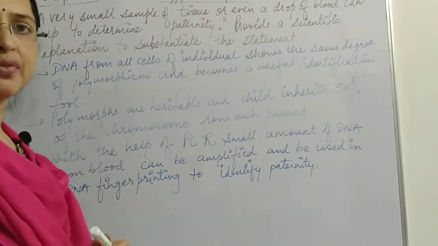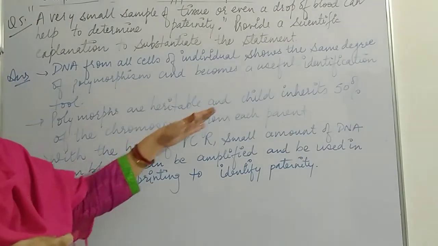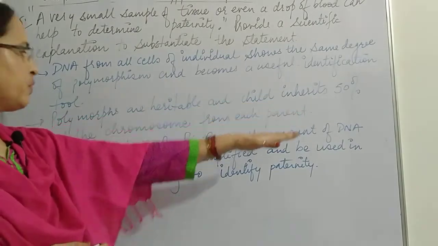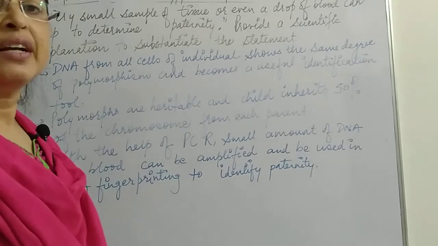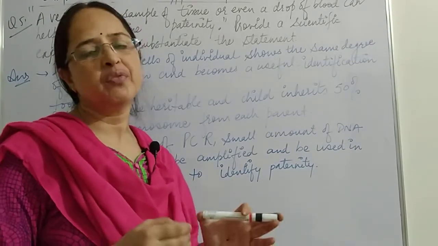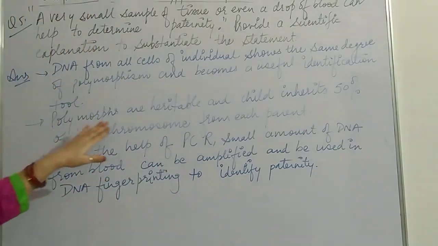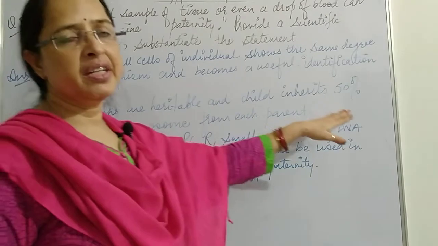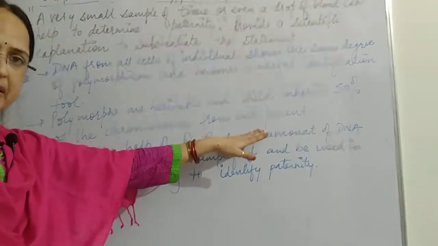They are transferred from one generation to the other generation. So we say that polymorphs are heritable and a child inherits 50% of the chromosomes from each parent. As you already know, 50% of the chromosomes are transferred from the mother and 50% are from the father.